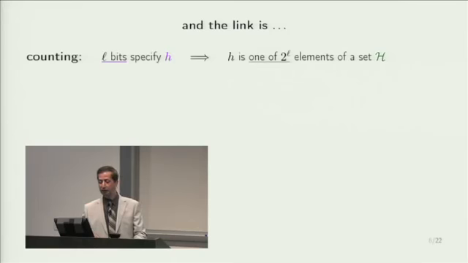And you can take the 1 of 2 to the l as the description of the complexity of that set. So now we are establishing something in our mind. Something is being complex in its own right when it's one of many. Something is simple in its own right when it's one of few. That is the link that makes us able to use this side for the proofs and make a claim on this side. It is not an exact correspondence, but it is an overwhelmingly valid correspondence.